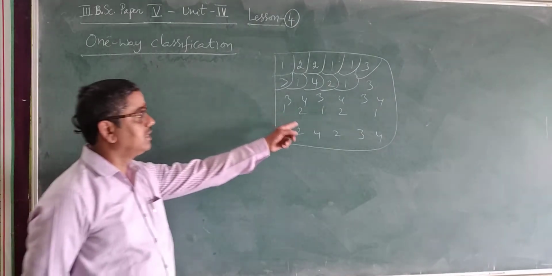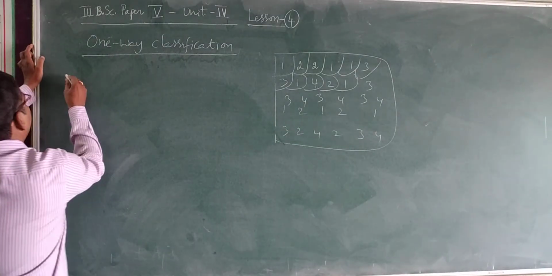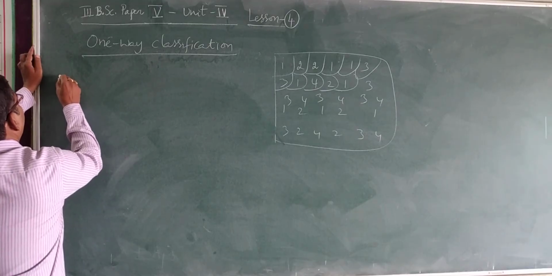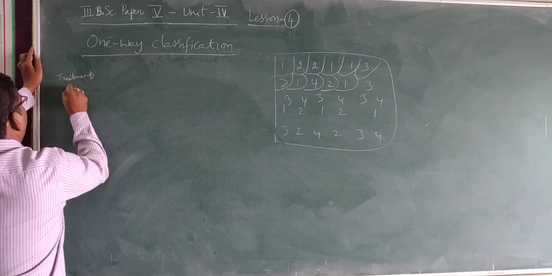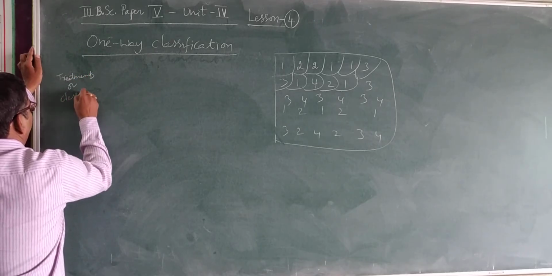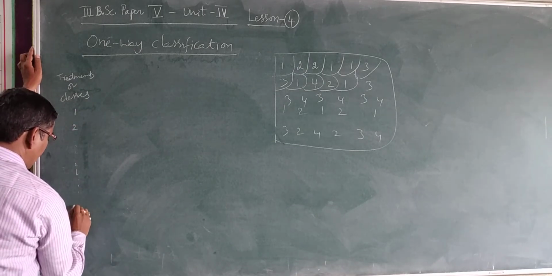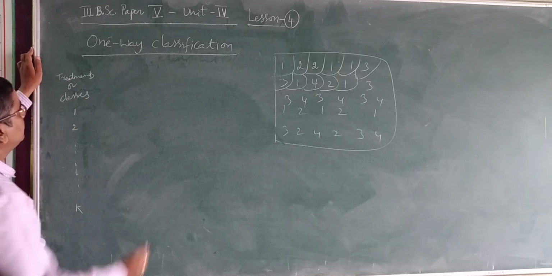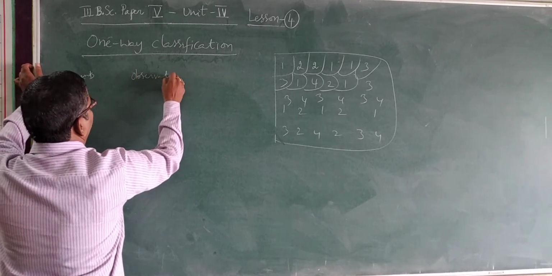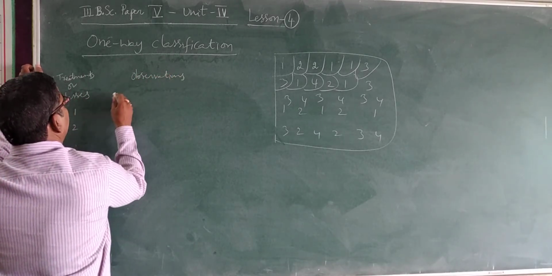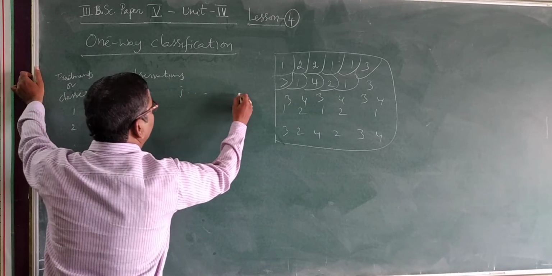I am considering the treatments here as classes, 1, 2 and so on, i and so on, k. K classes I have considered, and here I am considering observations: 1, 2 and so on, j and so on, ni.